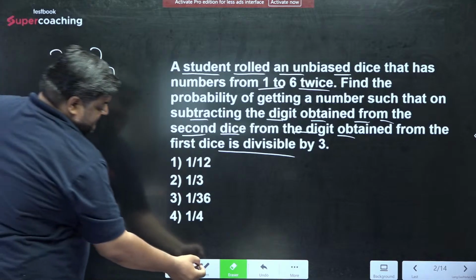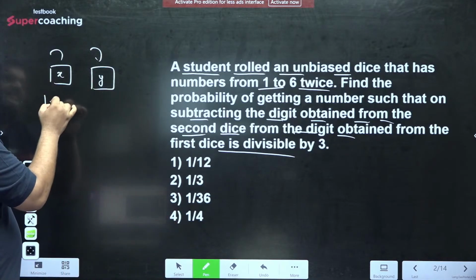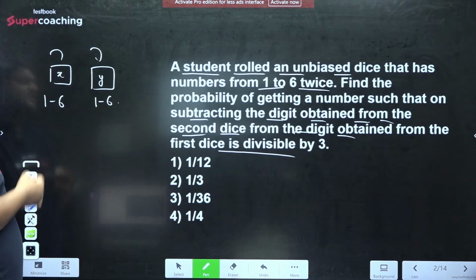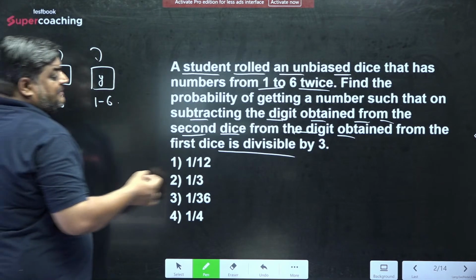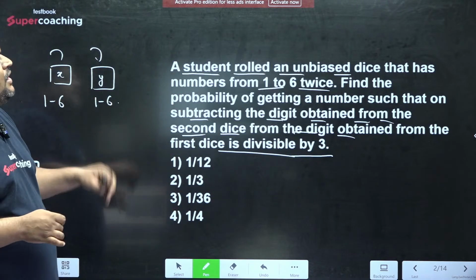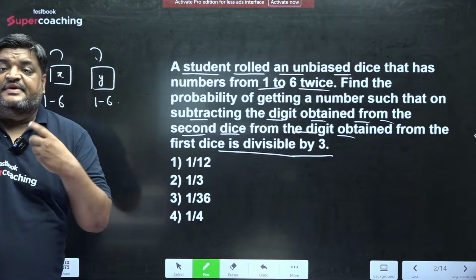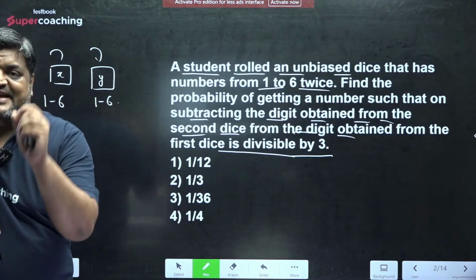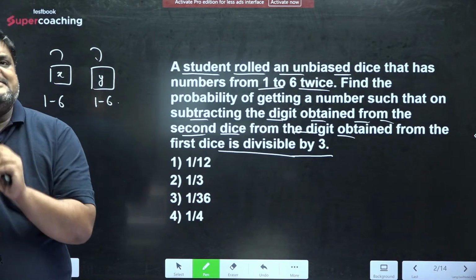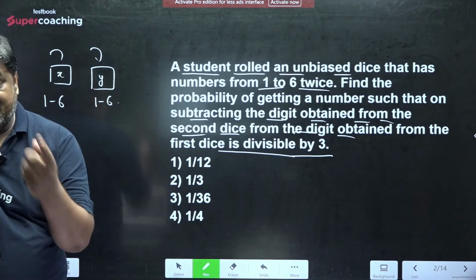Yes or no? Yes, sir. x is anything from 1 to 6. y is anything from 1 to 6. अब इन दोनों का जो डिफरेंस है ना, that is divisible by 3. Although it is mentioned you are subtracting second from the first, all we are interested in is the difference.